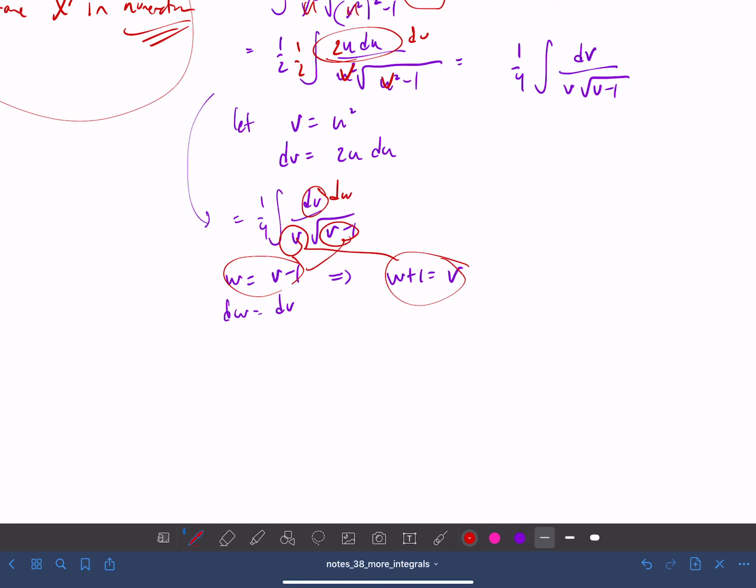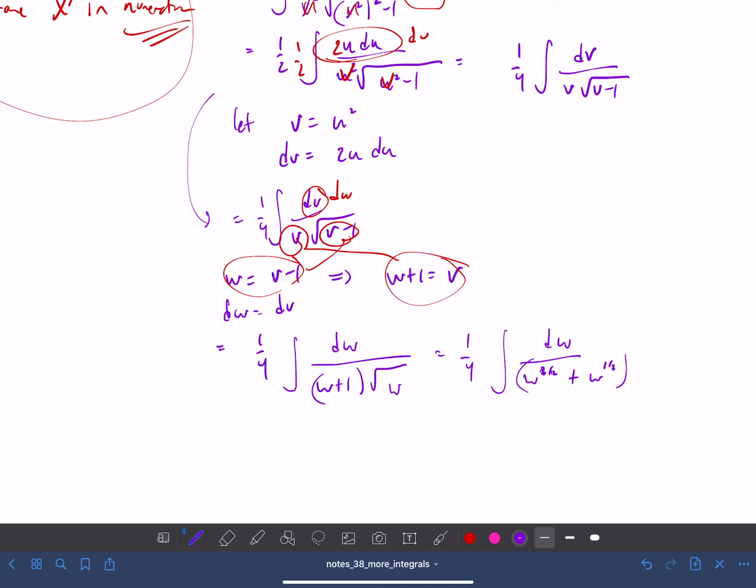This thing right here is dw, so this is equal to a quarter of the integral of dw over w plus 1 times the square root of w, so a quarter of the integral of dw over w to the 3 halves plus w to the 1 half. And unfortunately, that doesn't split.